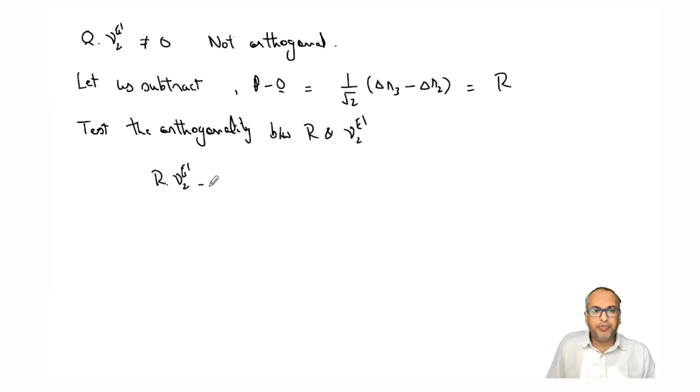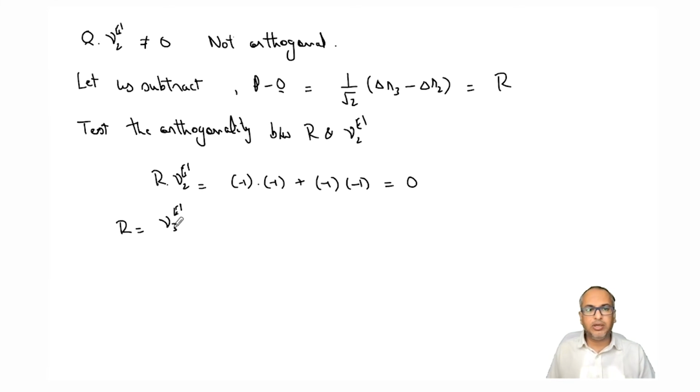Delta R2 has minus 1 here, and it had minus 1 there, plus 1 into minus 1, and this goes to 0. So that means R can be treated as nu 3, the third vibrational mode which we are looking for.